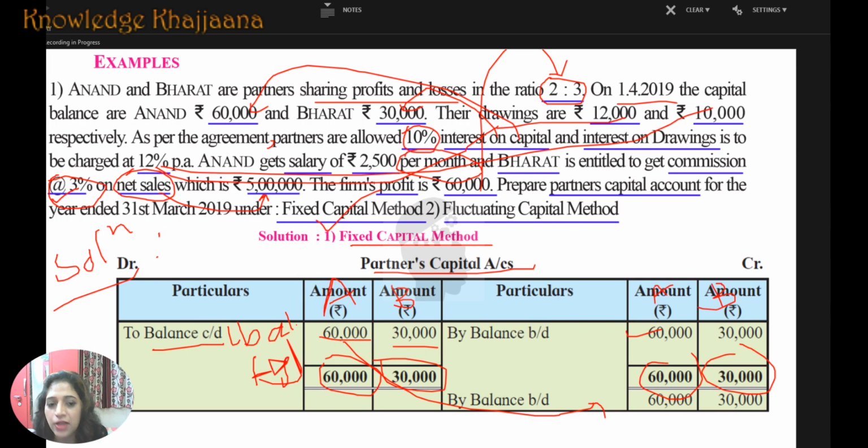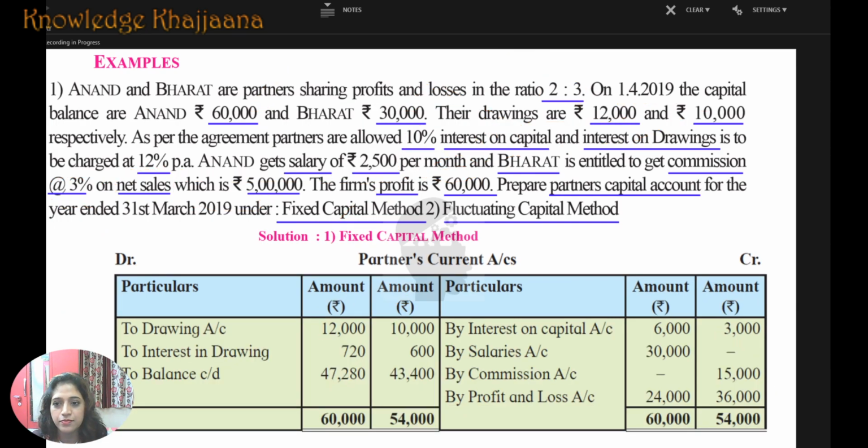Now let's see how to make the current account of the same. As per the agreement, partners are allowed 10% interest on capital. What is their capital? 60,000. What is 10% of 60,000? 6,000.